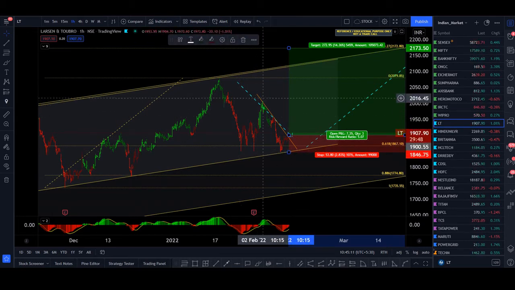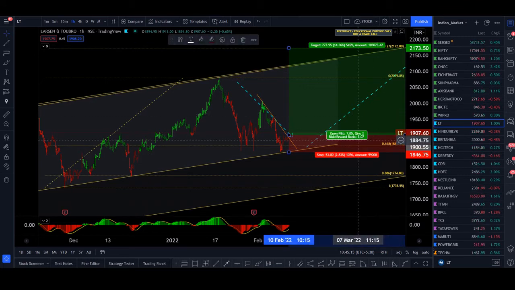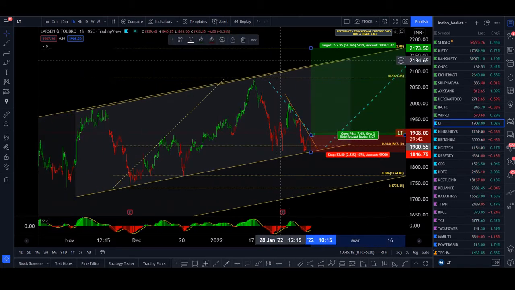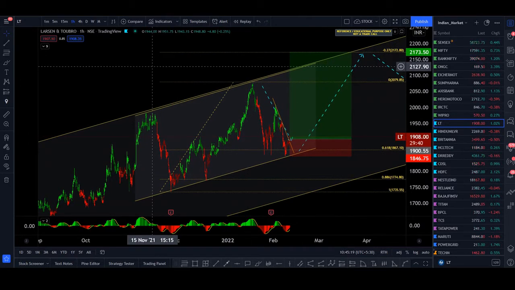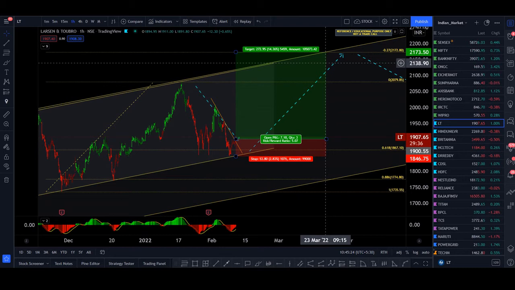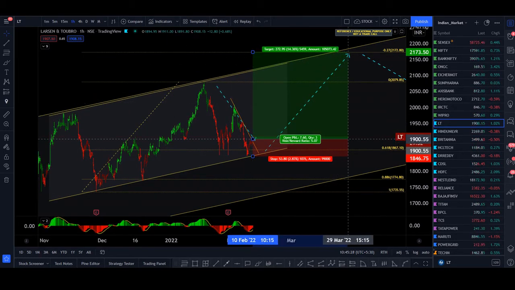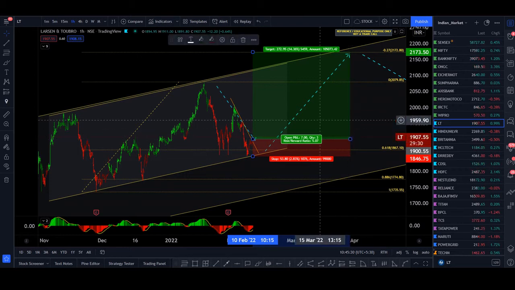So we can have a better risk to reward. We have a 5:1 risk ratio, which is really good if it happens. So this is our expectation. On this trade we are expecting it to complete around end of March.